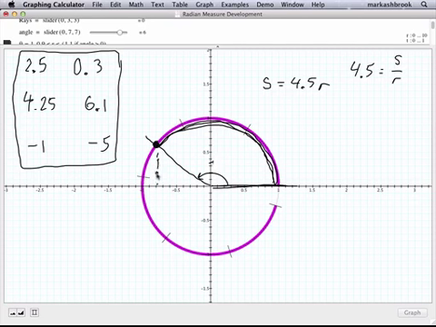Negative, Isabella? Negative 0.8. About negative 0.8, I agree. Is that what yours comes out to be? Okay, and then what about the y coordinate? About 0.6.